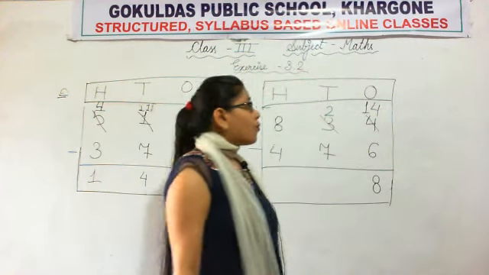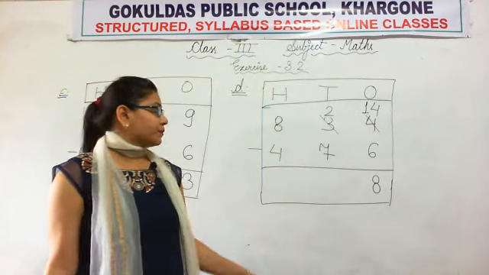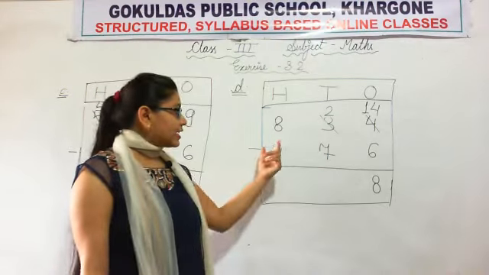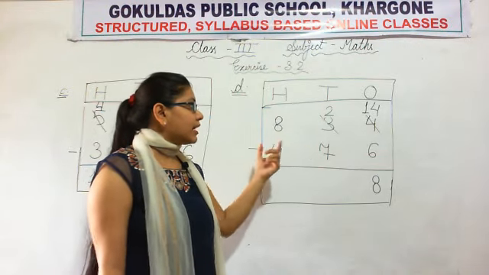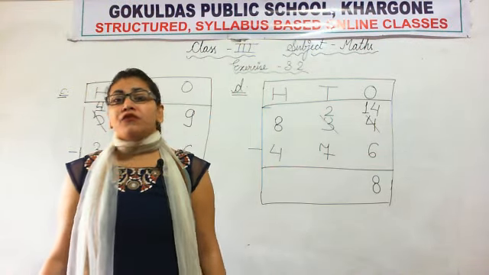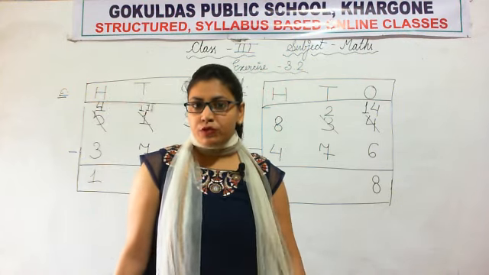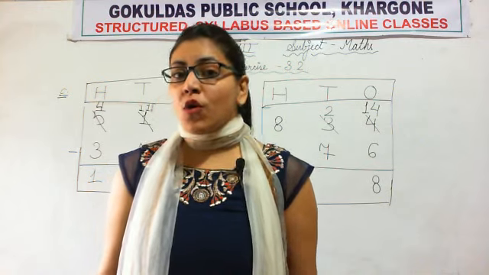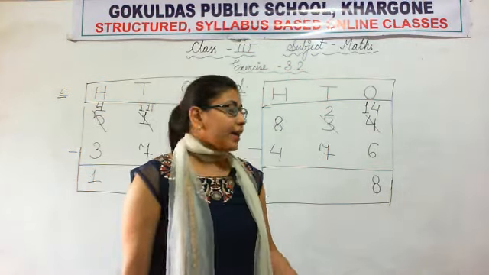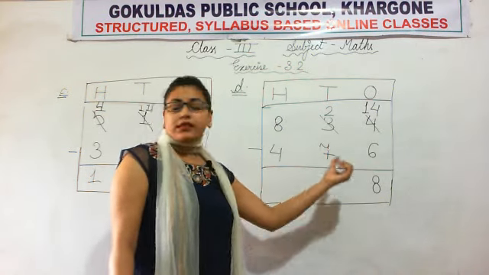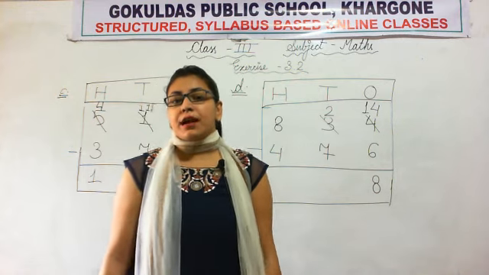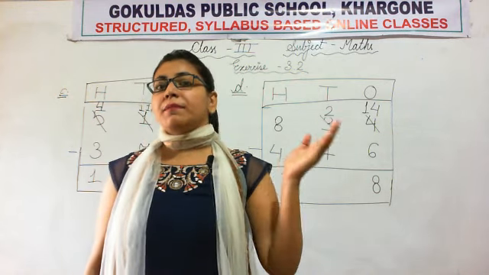Now moving towards the tens column. 2 minus 7. Can we remove 7 from 2? No. Why? Because 7 is the bigger number and we always subtract the smaller number from the bigger number.